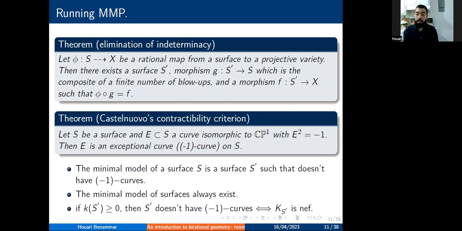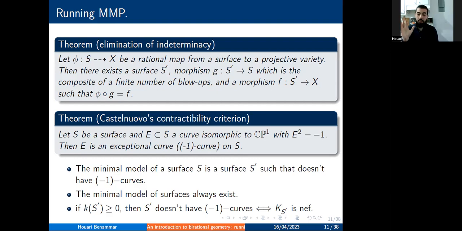What do I mean by a minimal model? The minimal model of a surface S is a surface S prime that does not have a -1 curve. As I said, we contract all the -1 curves and the process finishes, so the minimal model of a surface always exists. As a basic fact, when the Kodaira dimension of the surface is nonnegative, S doesn't have a -1 curve, which means exactly that the canonical divisor is nef.